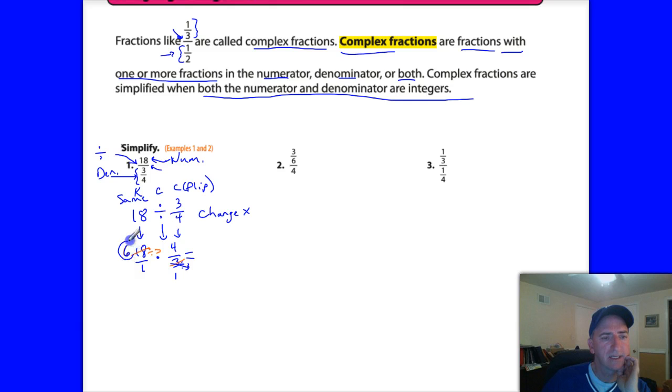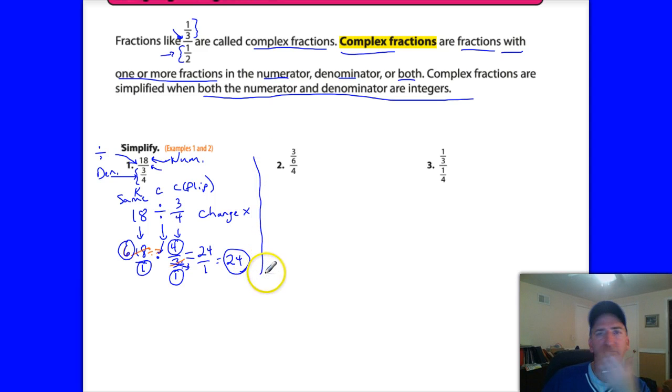So you have 6 times 4 on top and 1 times 1 on the bottom. 6 times 4 is 24 over 1. It's 24. Simple. We're just dividing fractions. Set it up in this form, divide it out, and you've got it.